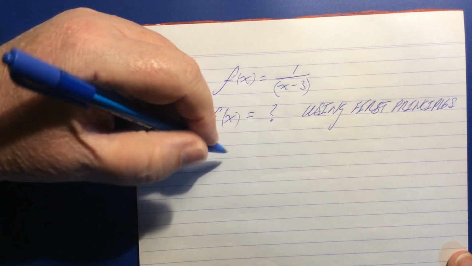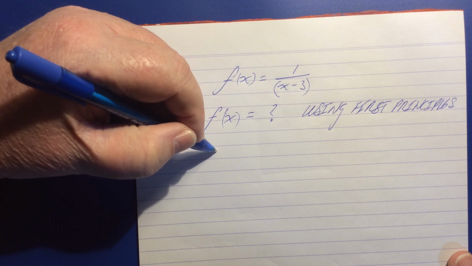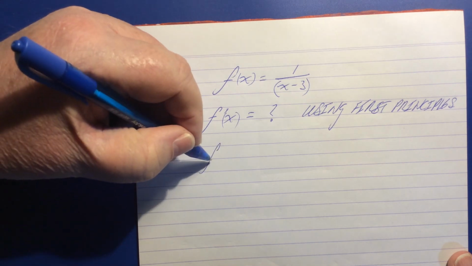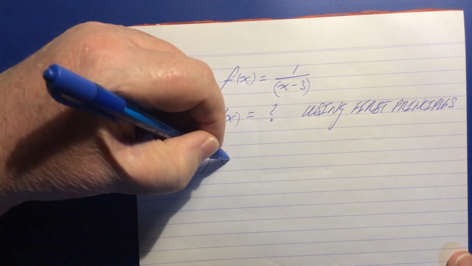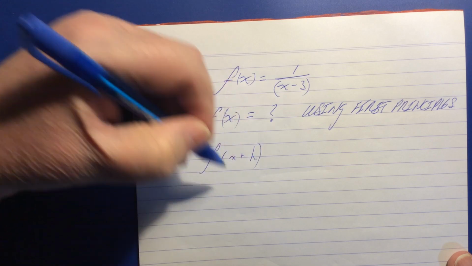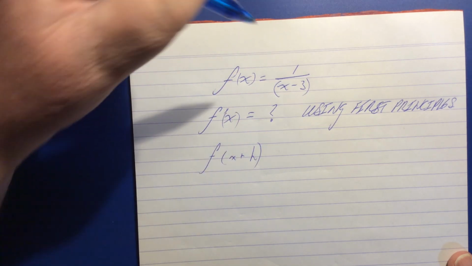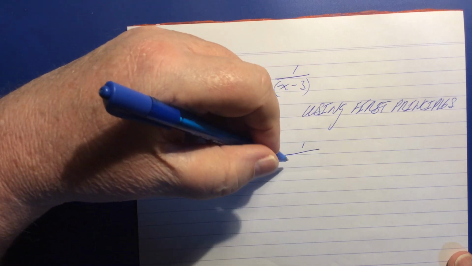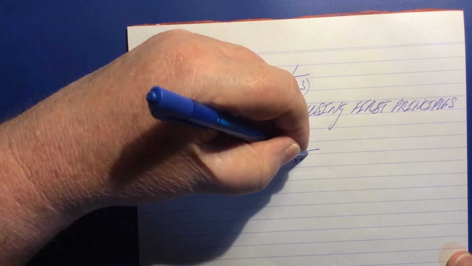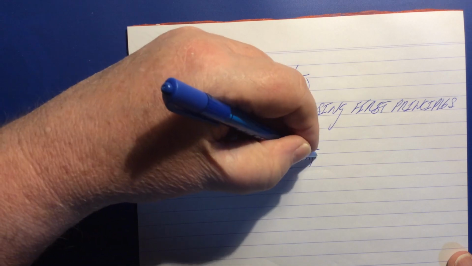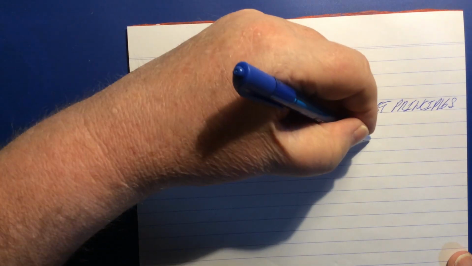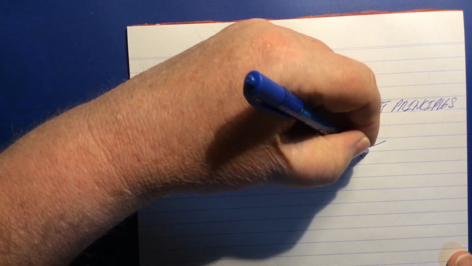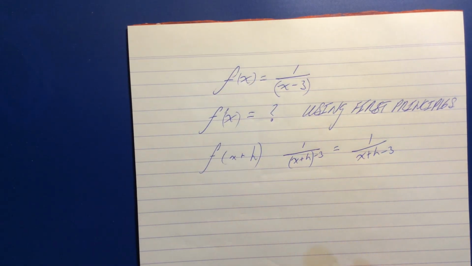So something to work out first is what is this? And this is what it is. It's 1 over x plus h minus 3, which we can write as simply 1 over x plus h minus 3. There's no magic in that.